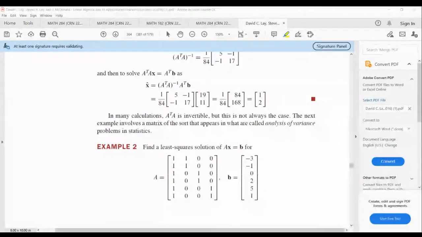Okay, example 2, they want you to find a least squares solution for this system of equations where A is the matrix below and B is the vector below. Now, are the column vectors of the matrix A linearly independent or linearly dependent?